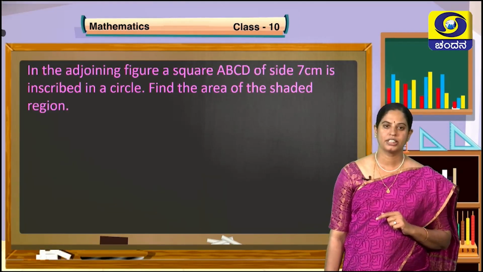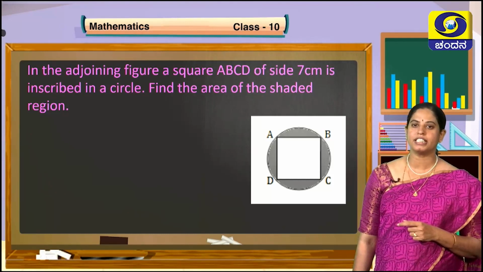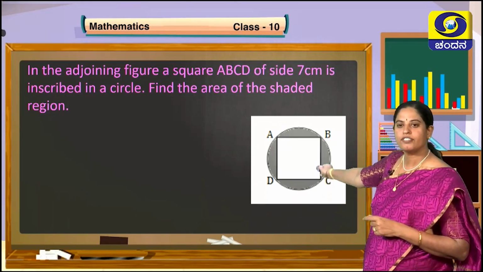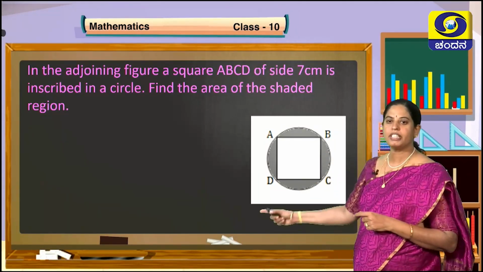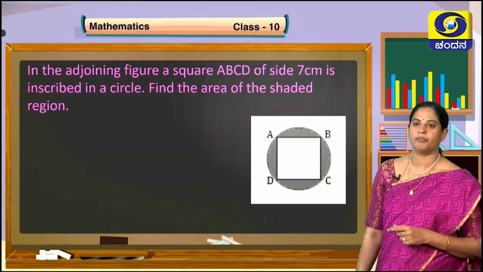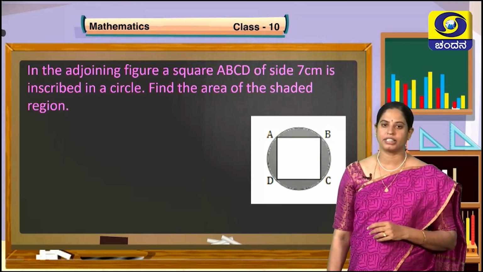Next question. So, in the adjoining figure, a square ABCD of side 7 centimeter, the side of this square is 7 centimeter. It is inscribed in a circle. Now you got the meaning how a polygon is inscribed in a circle or in another polygon.